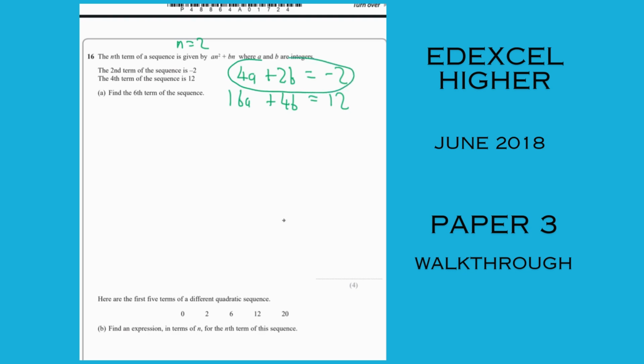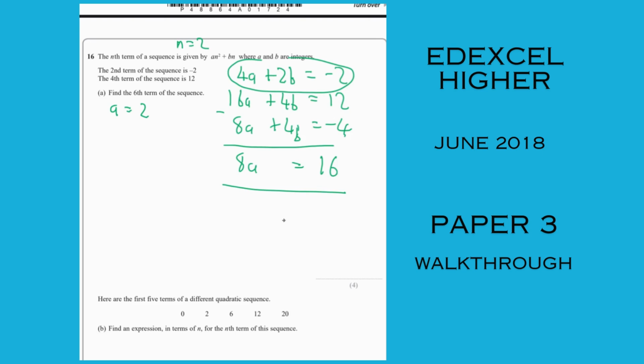I'm just going to double the top equation. 8a, 4b, whoops, -4. And the b's are positive, same sign, subtract. So we know that a is 2. And we get our b.